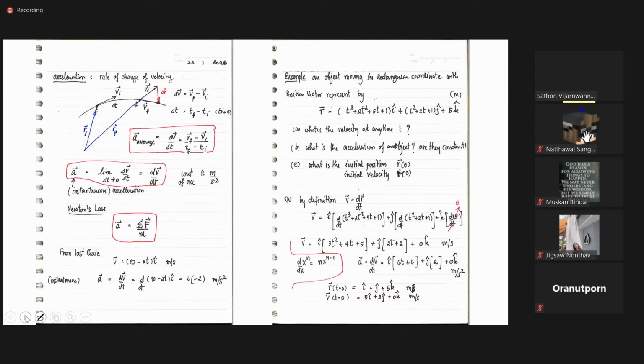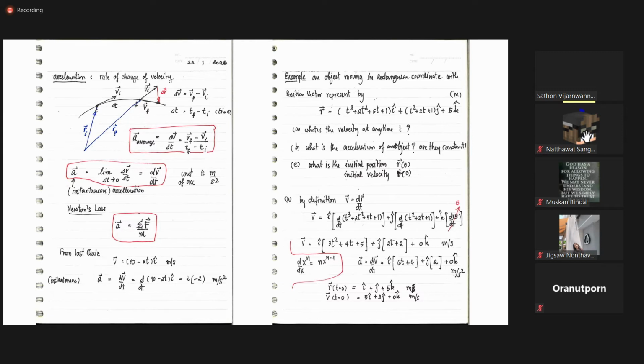Now in terms of acceleration, we don't have a scalar function of it. Acceleration is the rate of change of velocity, and that means vectors. And when we say average acceleration, that means the change in velocity over time.